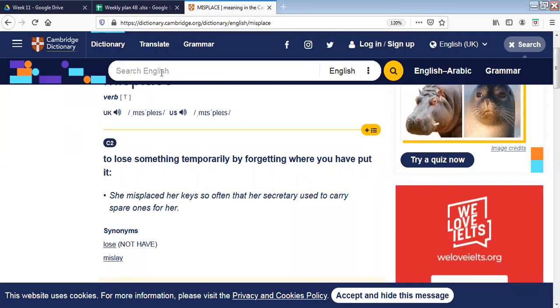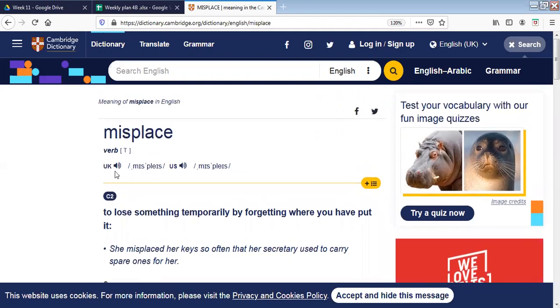You just put the word here and press the search button, and you will have the definition of the word and the way to pronounce it. This is UK and this is US. There's the transcription here. You will have the word, whether it is a verb or a noun. So let's start with the first one. Let's take the words one by one.